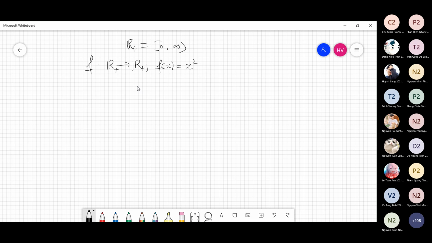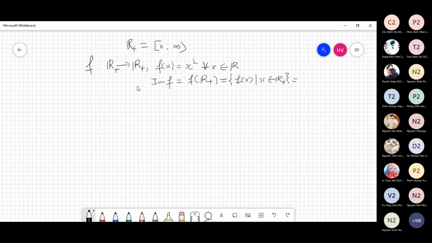Then you obtain that this is already surjective. The image of f equals f of R plus, equal to all of f(x) for x in R plus.